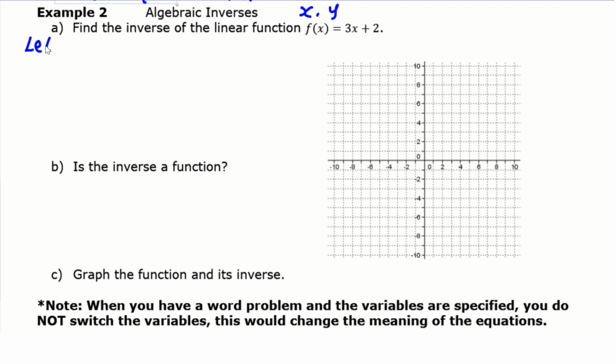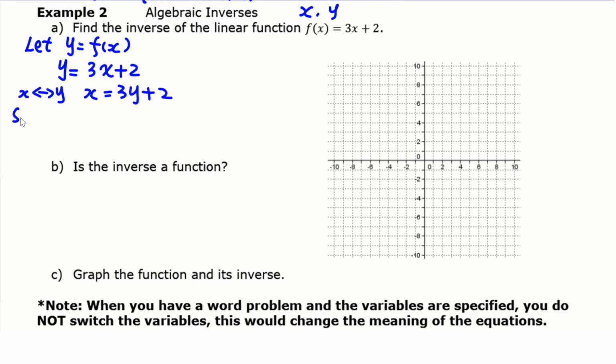So let y equal f of x. Then we have y equals 3x plus 2. For the inverse, we know that x and y switch, so we are going to switch x and y. So y becomes x, x becomes y. Then we solve for y.